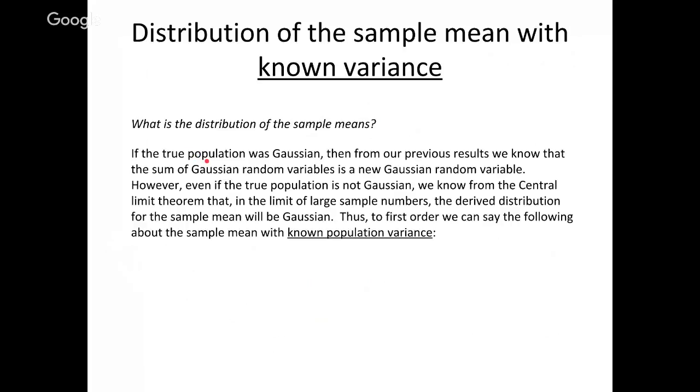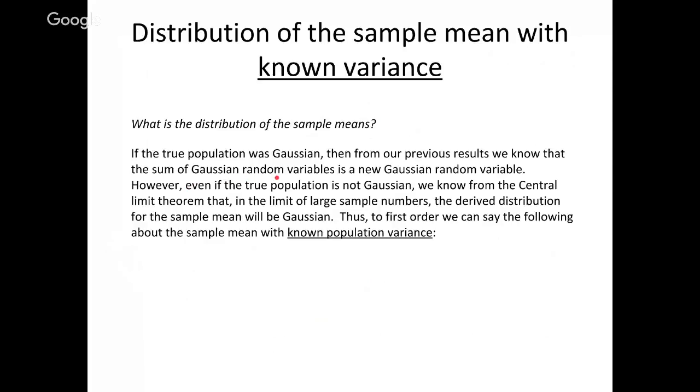If the true population, or the wild population, that we were sampling from was in fact itself Gaussian, then from our previous results, we know that if you take the sum of a bunch of Gaussian random variables, you get a new Gaussian random variable. That was one of the probability distributions that we derived in chapter 4.